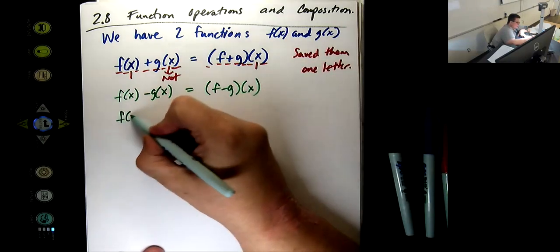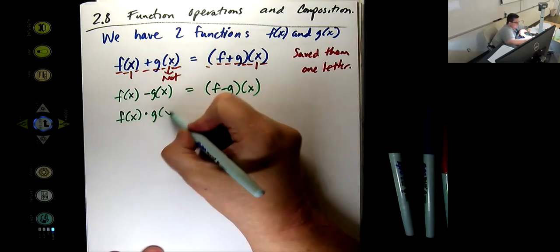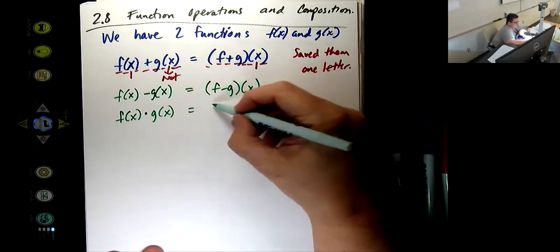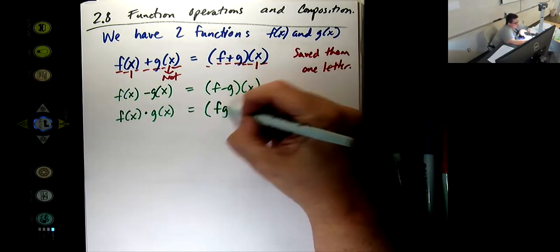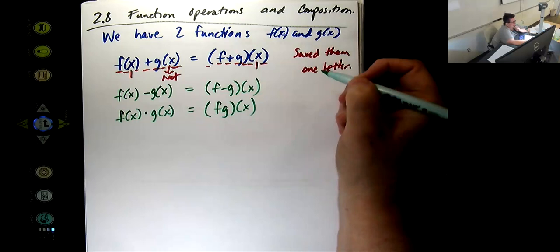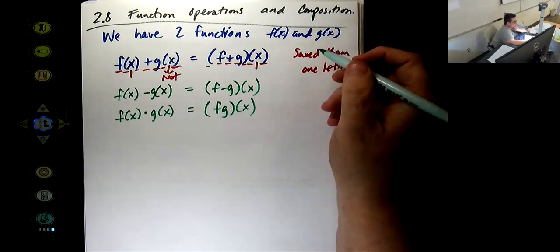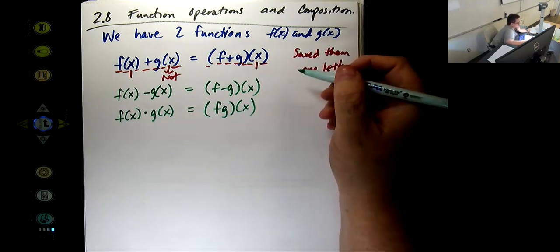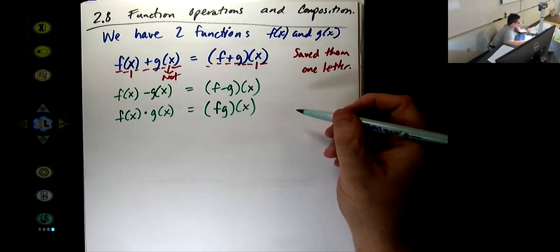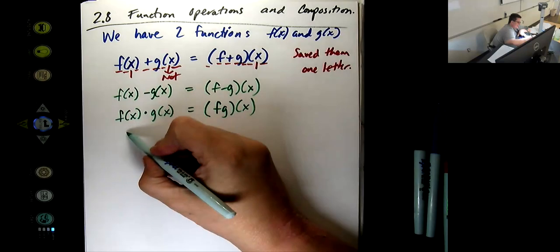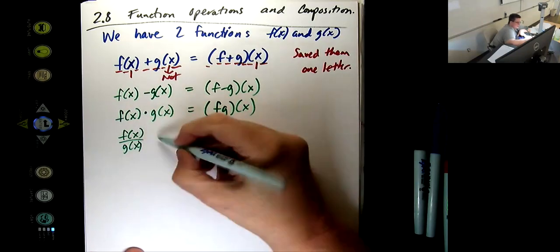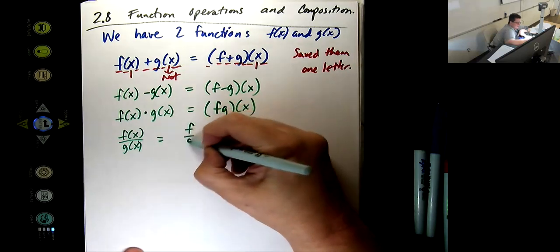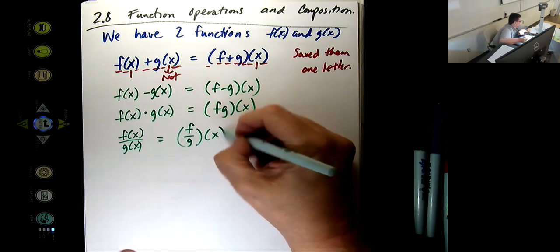When they have f of x times g of x, they don't even put the dot. They just say fg of x. They're like, oh, we can save two characters, an x and a dot. And f of x over g of x is f over g of x.